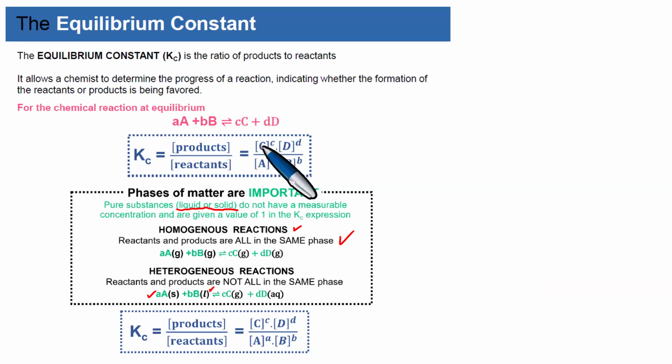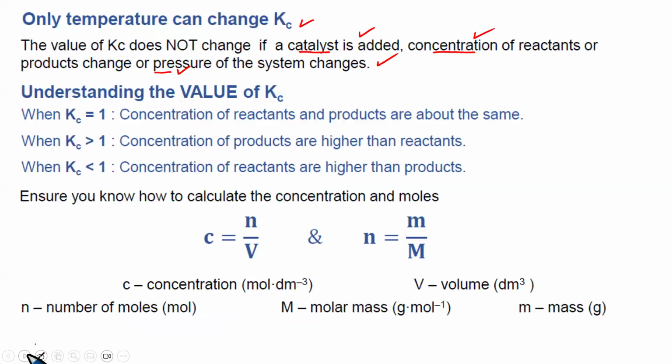So the concentration of a solid, what is the concentration of A here? We don't include it because we just say 1 because it's a solid. So the individual concentrations, we put them as 1 there. So yes, I agree with you.